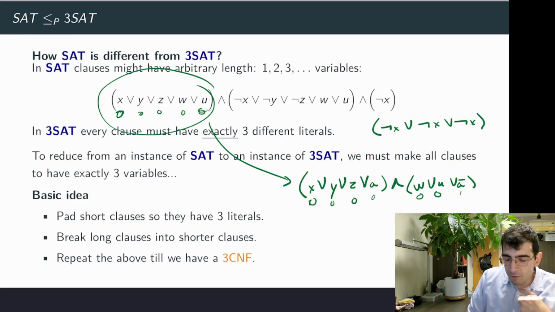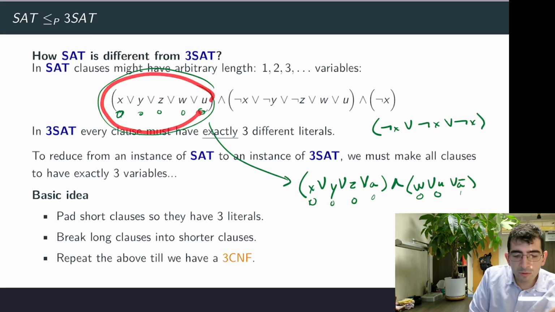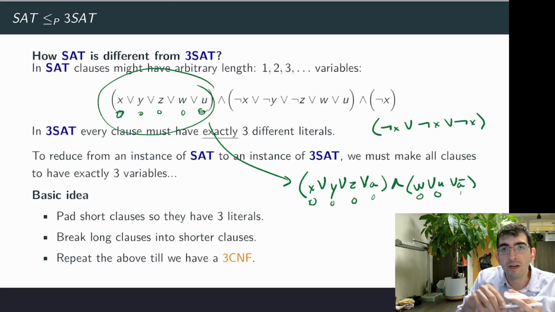Okay? Because we have a literal and its complement bridging two clauses, one of the clauses will be satisfied on its own, but then the other clause needs to have something that will satisfy it, in the same way that it was satisfied in the original expression.